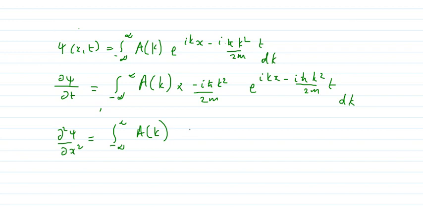The coefficient of x is ik, so I have to write it twice because I am differentiating twice with respect to x. E raised to i kx minus i h cut k square by 2m into t dk. Now this is actually dou psi by dou t.